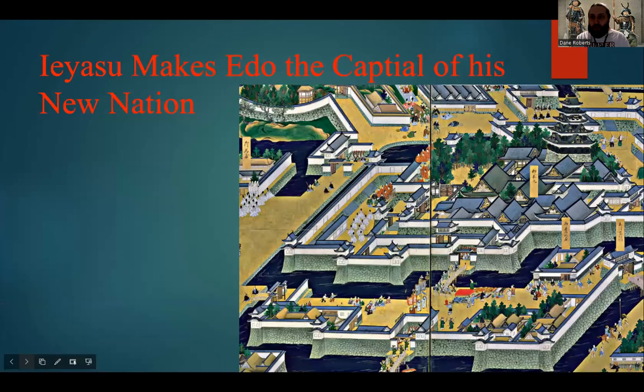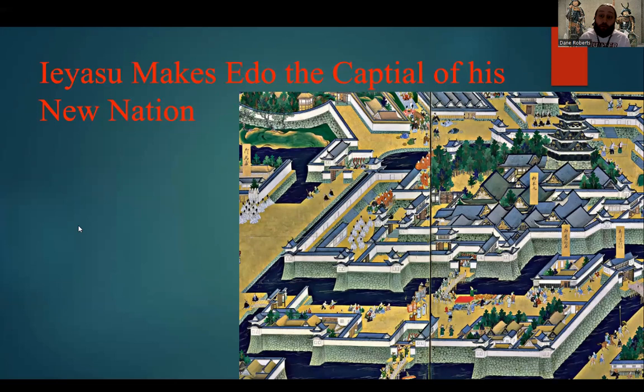And it was during the establishment of this new shogunate that Ieyasu would move the Japanese capital from Kyoto to his provincial capital of Edo, modern day Tokyo, making it the capital of his new nation.